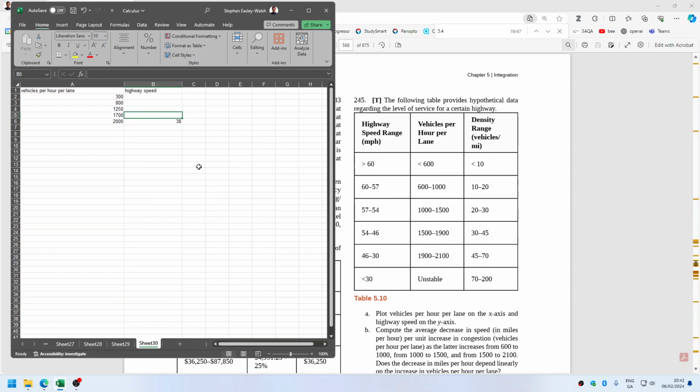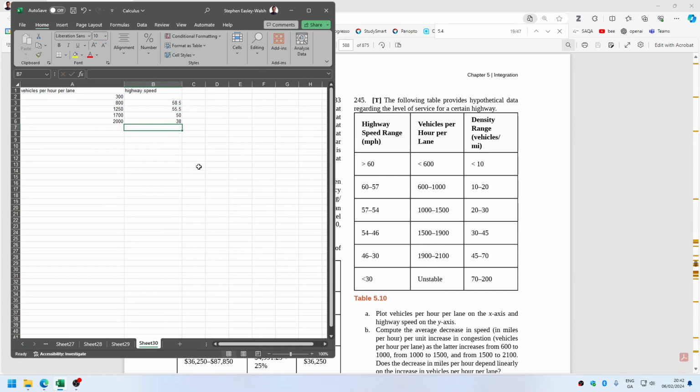Then 50, then 54 plus 57 divided by 2 is 55.5, and 60 plus 57 divided by 2, 58.5.